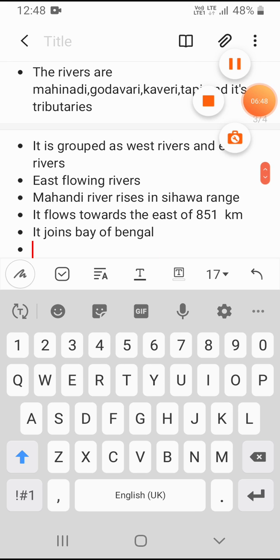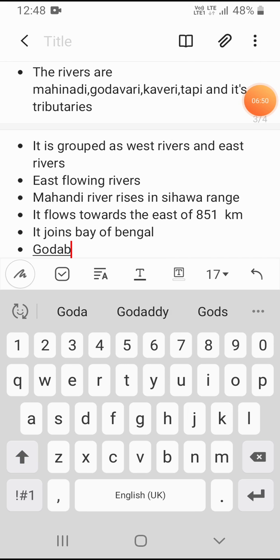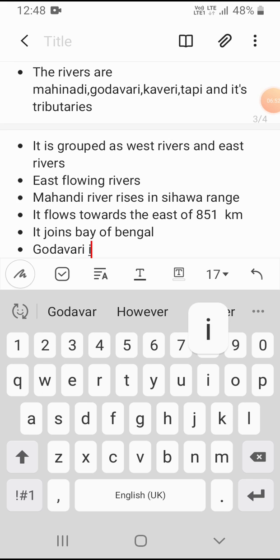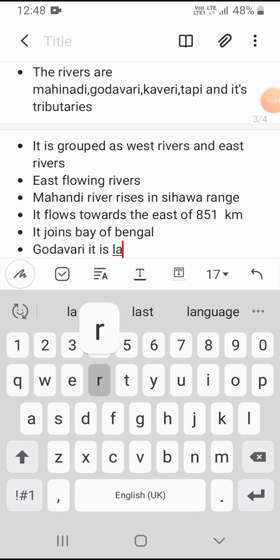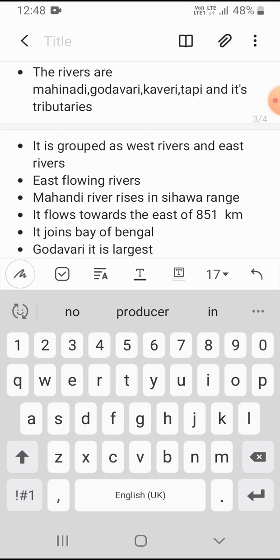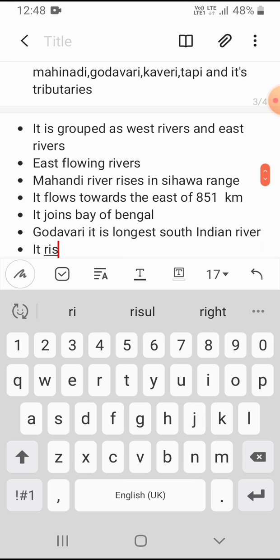So next is Godavari. It is the longest South Indian river. It rises in Triambakam.